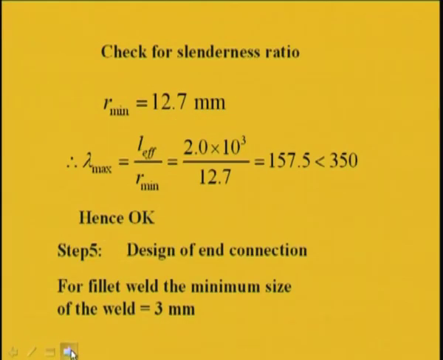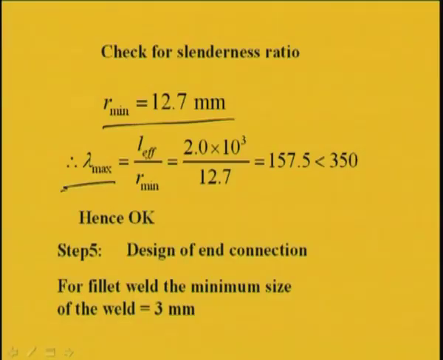Now again the slenderness ratio has to be checked. For that section, from SP6 we get the minimum r as 12.7 millimeter. For a particular section, the radius of gyration, minimum, maximum, along with all the member properties, has been given in the code SP6.